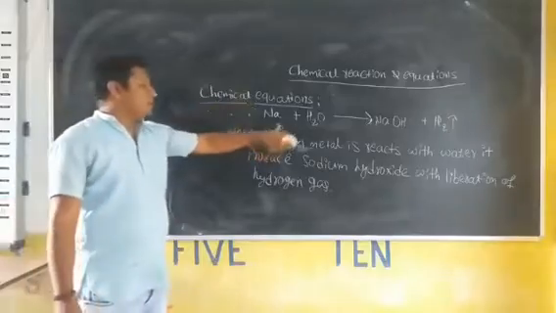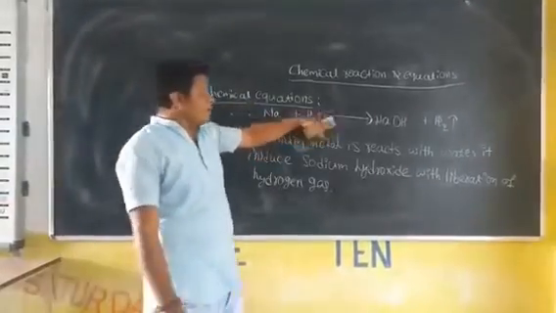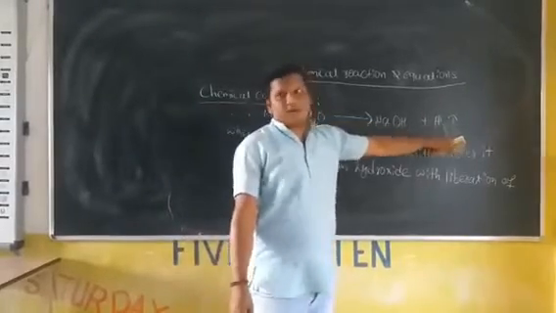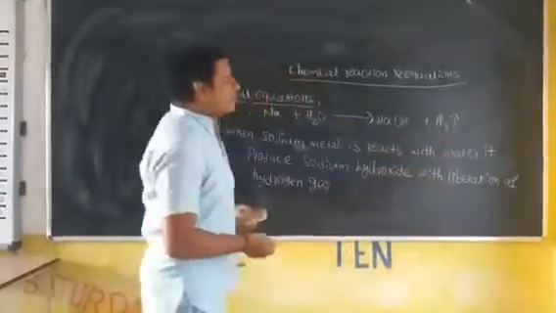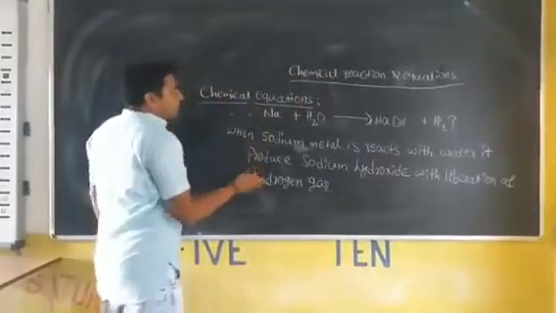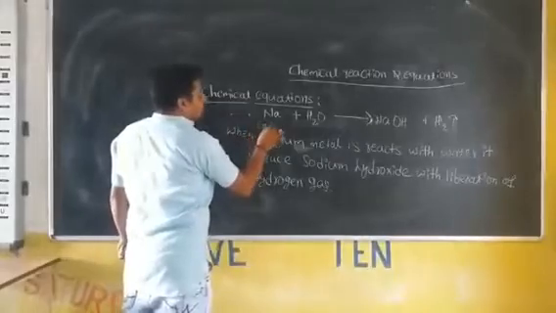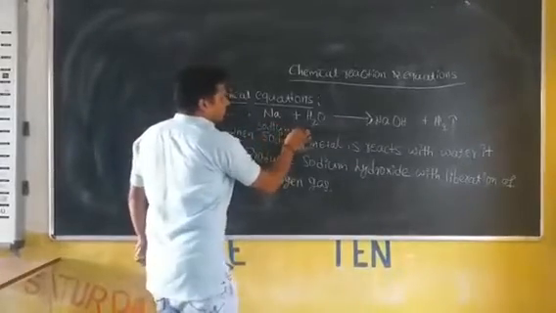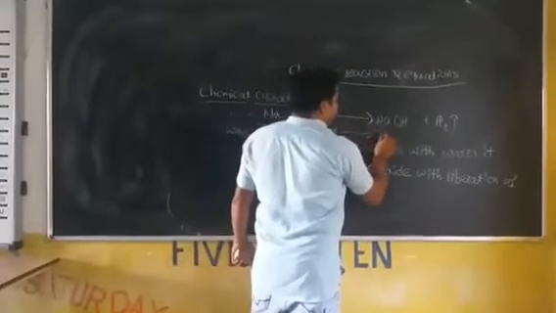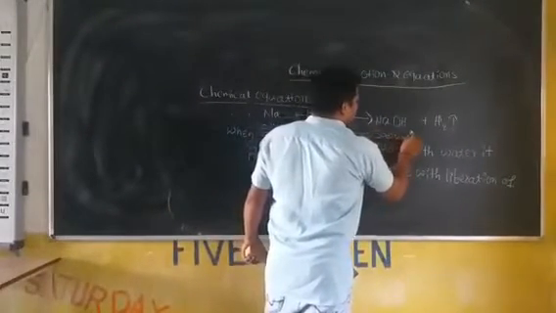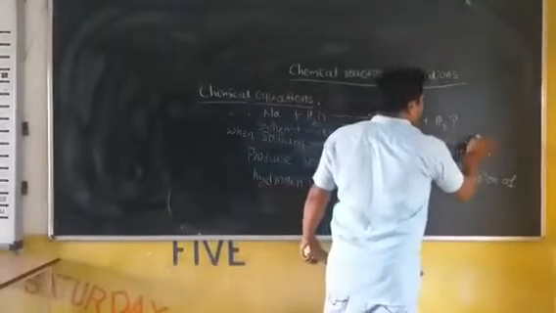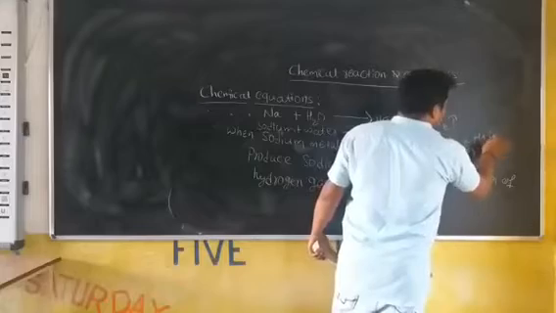Okay, sodium metal reacts with the water, and it produces sodium hydroxide with the liberation of hydrogen gas. Okay, sometimes before converting directly to formula, before that you should write like this: sodium plus water, it gives sodium hydroxide plus hydrogen gas.